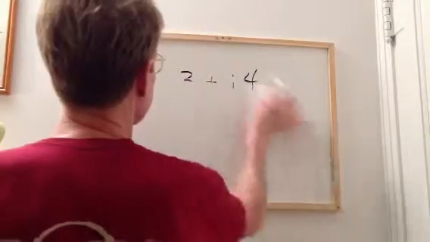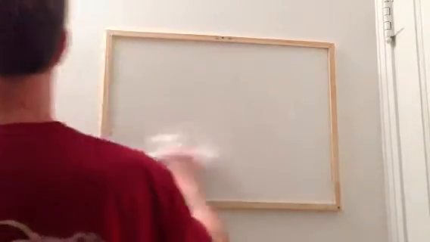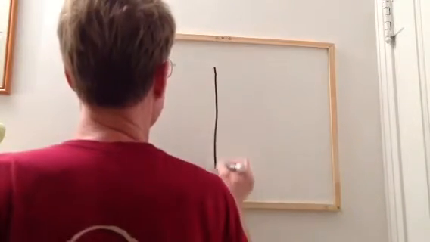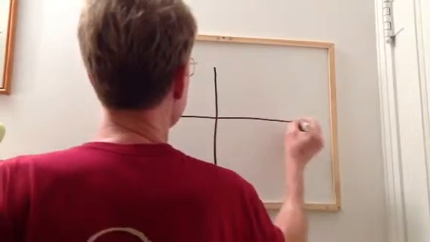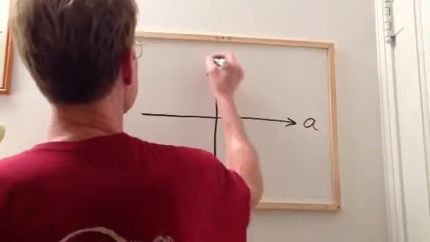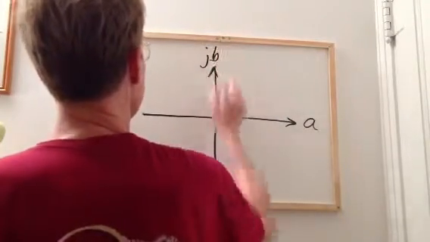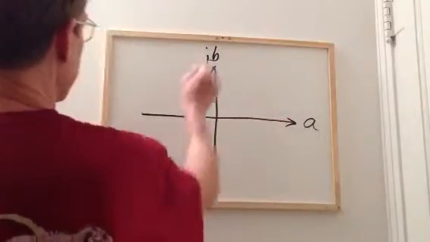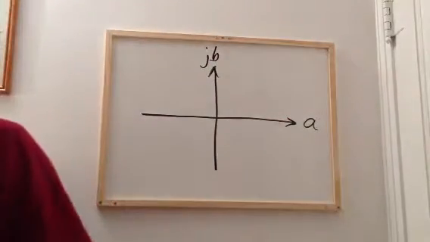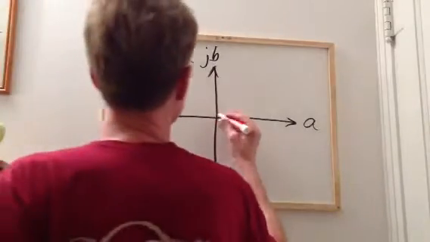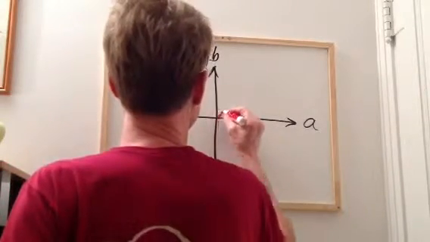Let's look at that in vector terminology, or in the complex number Cartesian plane, where we put A on the horizontal axis and JB, the imaginary portion, on the vertical axis. The real number portion that way, the imaginary number portion that way. 3 plus J4 might look something like this.